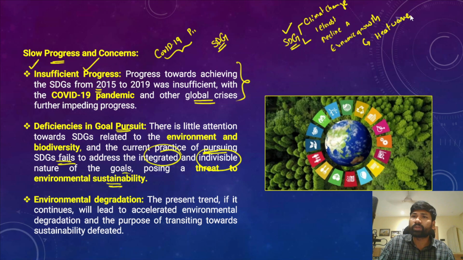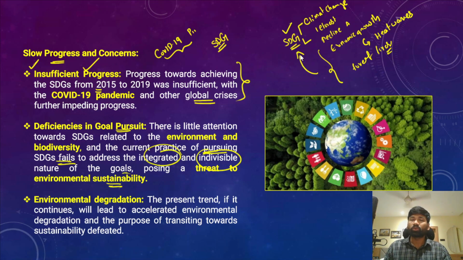At the same time, we are also observing forest fires. Forest fires lead to biodiversity loss and habitat fragmentation. All these factors would ultimately impact every Sustainable Development Goal. Therefore, we must focus on the protection and conservation of the environment and biodiversity, because it is an integrated factor.